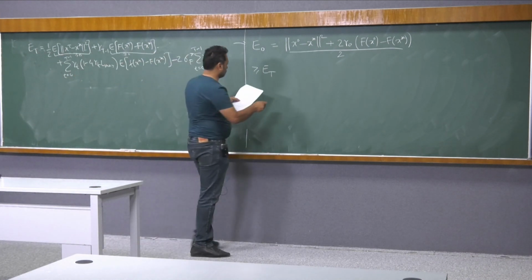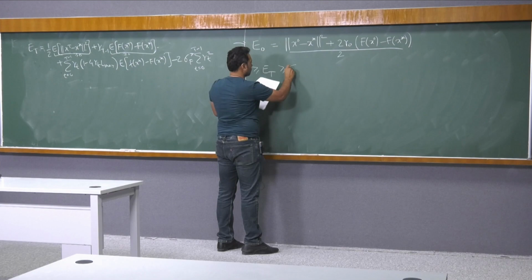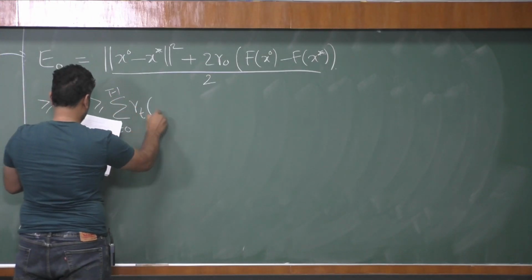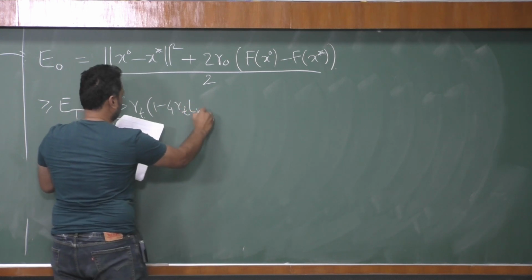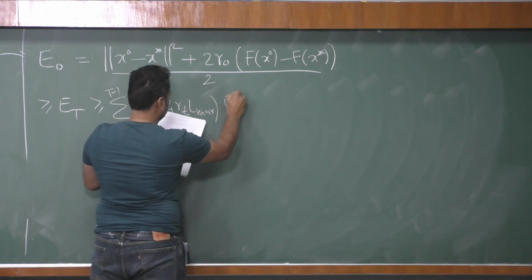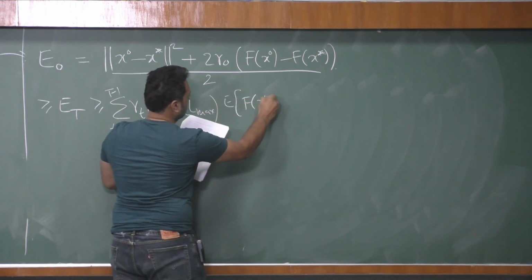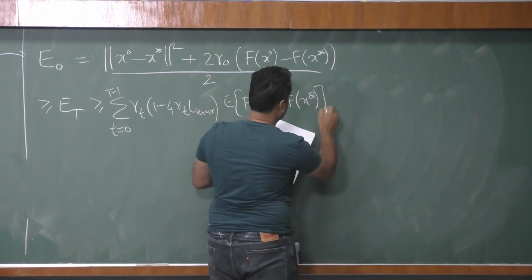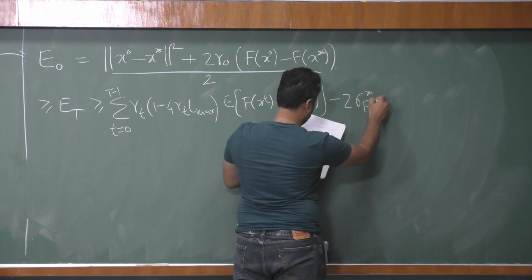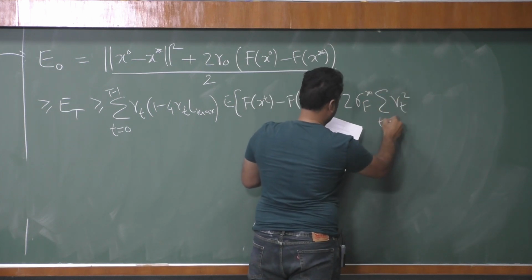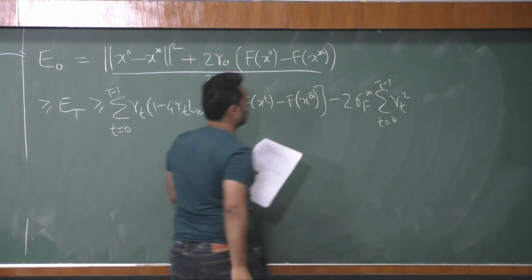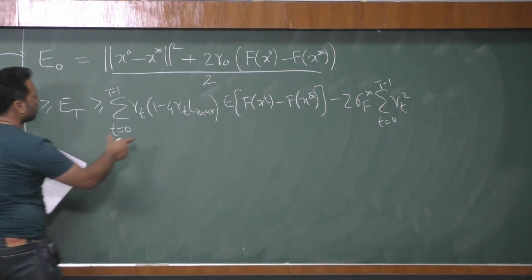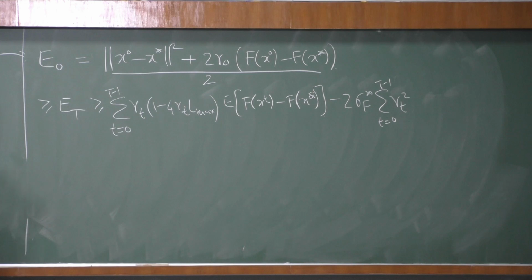So Et is greater than equal to sum of t equals 0 to t minus 1 gamma t 1 minus 4 gamma t L max expectation of fxt minus fx star and minus 2 sigma f star sum gamma t square, t equals to 0 to t minus 1. And we can lower bound this by gamma 0.